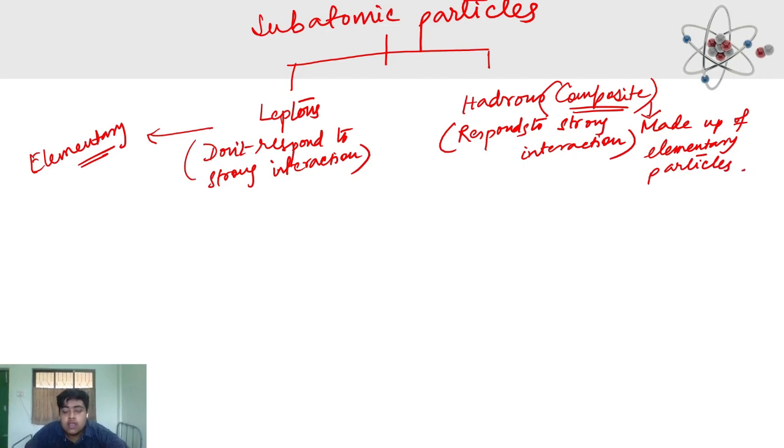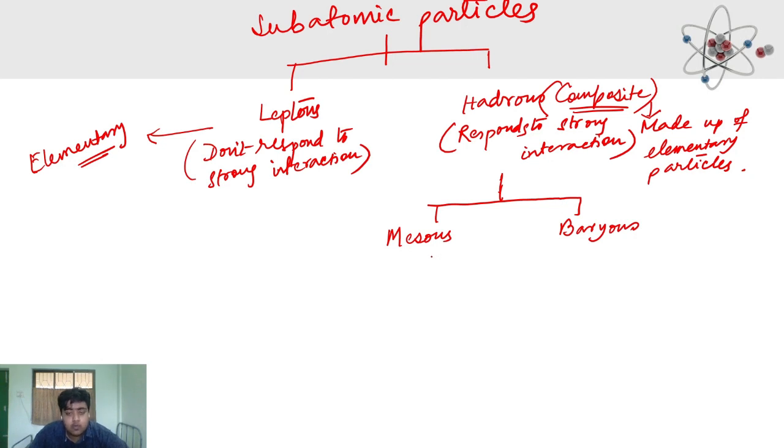Right. Hadrons are again subdivided into two types. One is the mesons and another is the baryons.